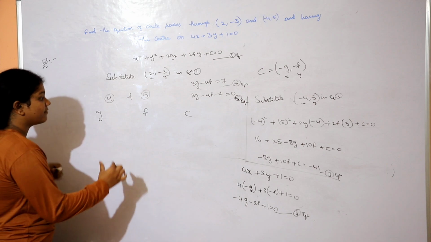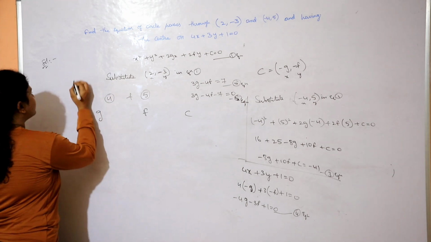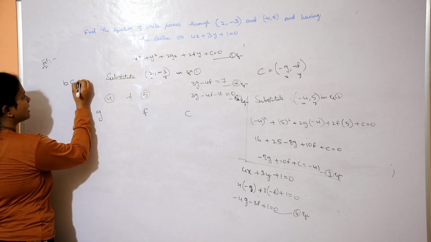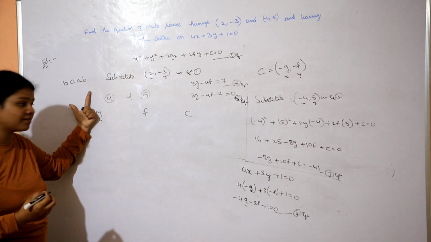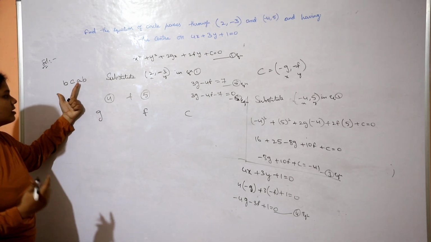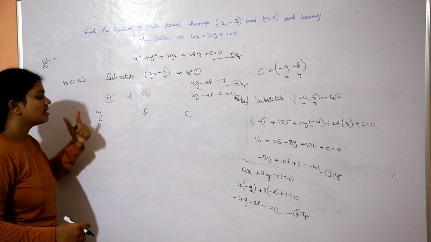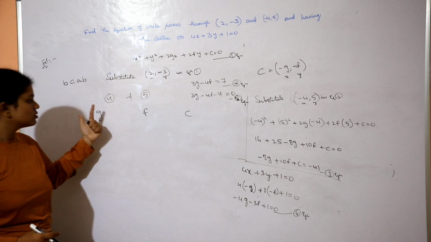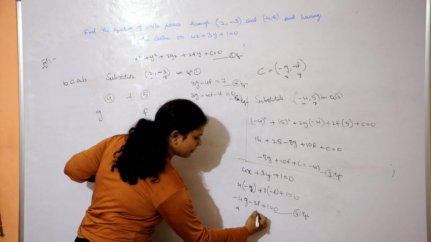Guys, remember, while solving this type of equations, there's a formula. This goes like b, c, a, b. Remember this. This is very important for the upcoming questions. Remember this alphabetical form. So you consider this as a, b, c.